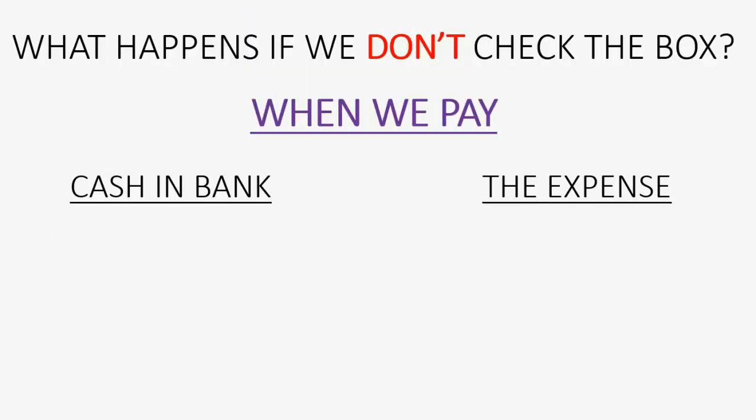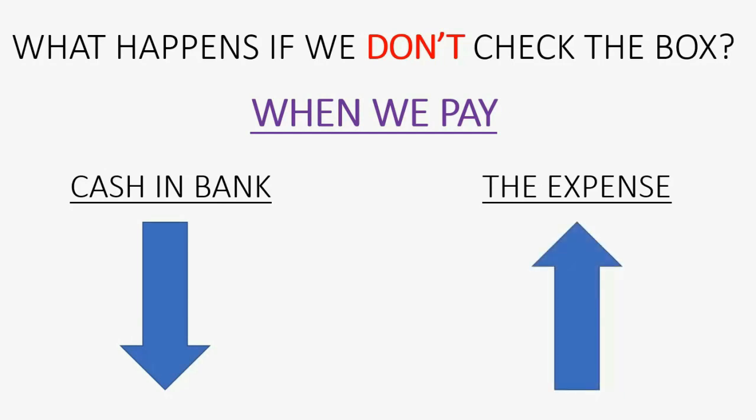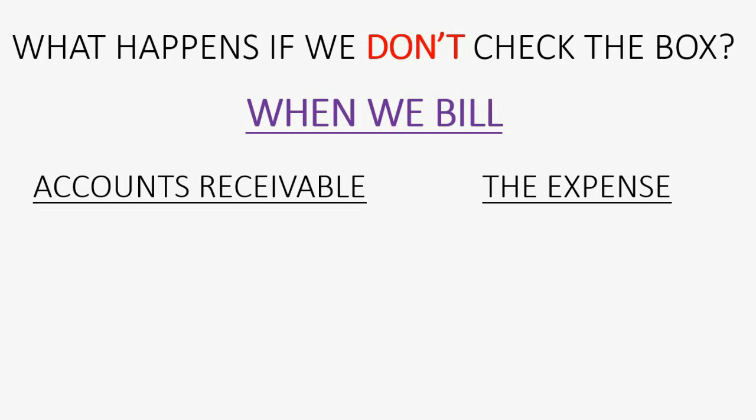Now, if we don't check the box and we leave it the way we've been doing, then at the moment we pay for a billable expense, of course cash is going down because we just paid. And as we learned in a prior video, the expense that you paid for goes up, just like you're paying a normal expense. And at the moment we bill, it will behave the way it behaved in the prior video.